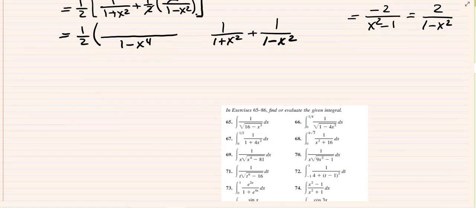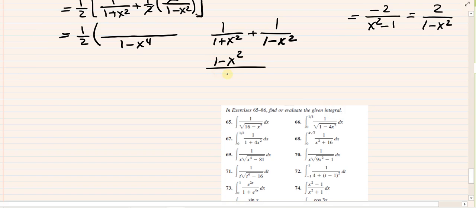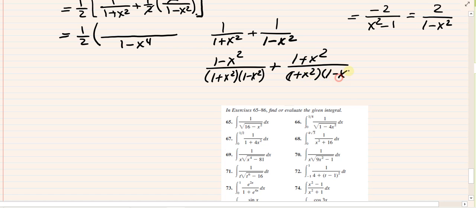Okay, in this one, do multiply top and bottom by 1 minus x squared, because the LCD is 1 minus x to the 4th, that's why. Plus 1 plus x squared, multiply top and bottom of the second fraction by 1 minus x squared.